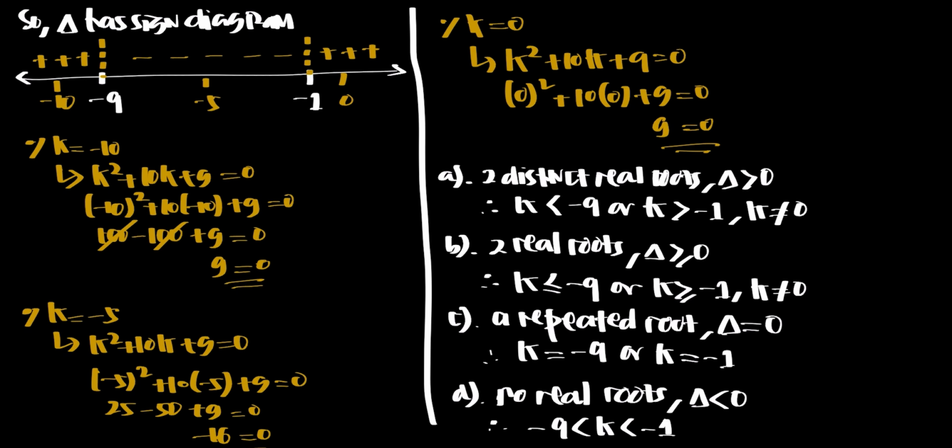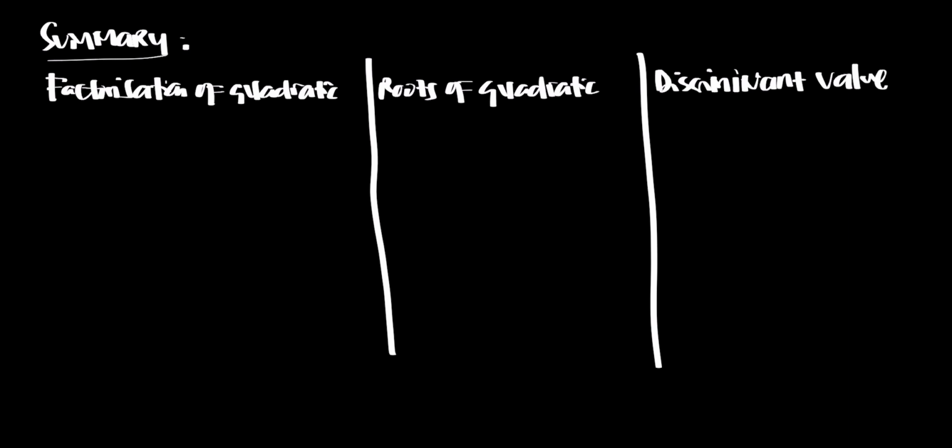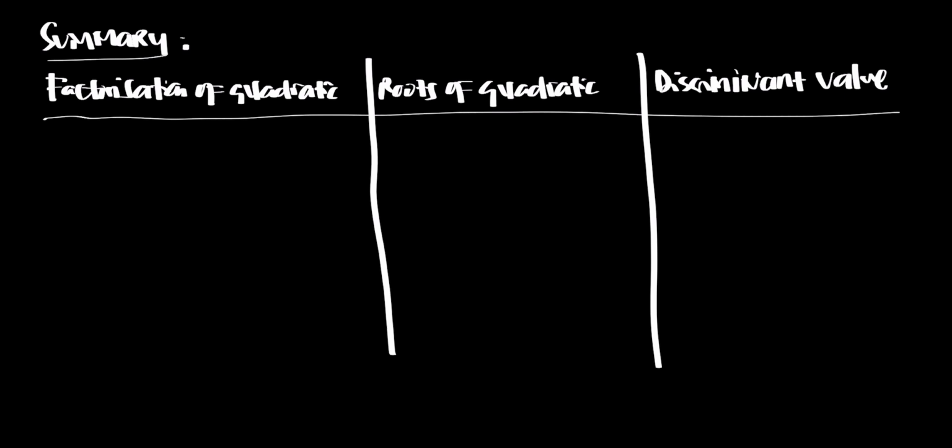Okay, to end this topic, I have the summary of this topic for today. When it comes to what we learned today about the discriminant and the quadratic, the factorization of the quadratic, the roots of the quadratic and the discriminant value, you should understand three conditions.